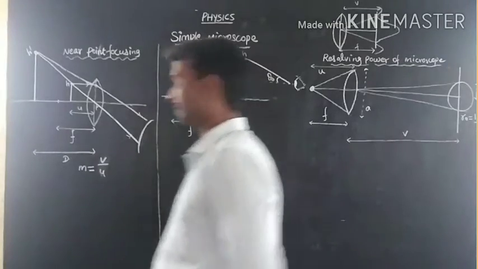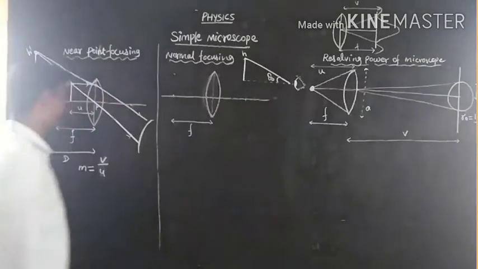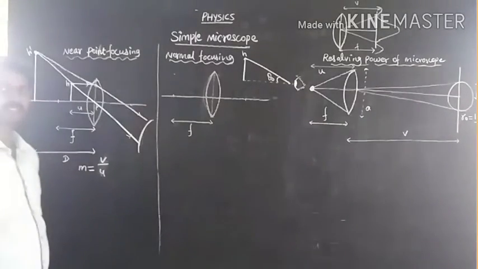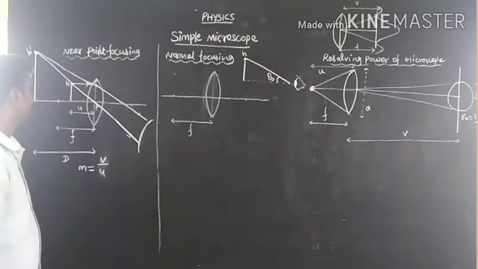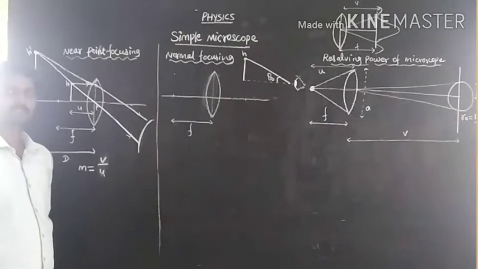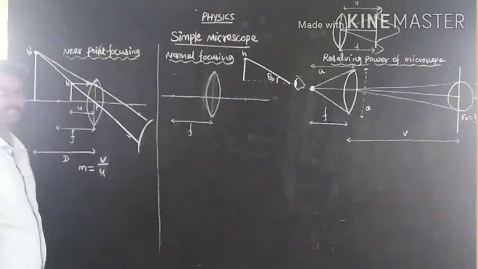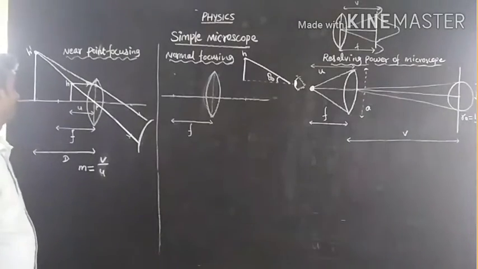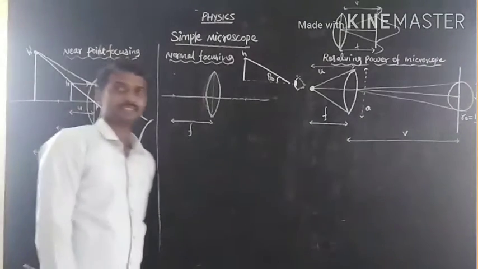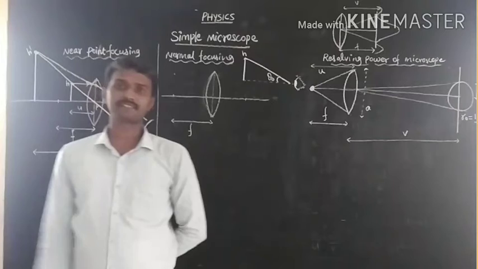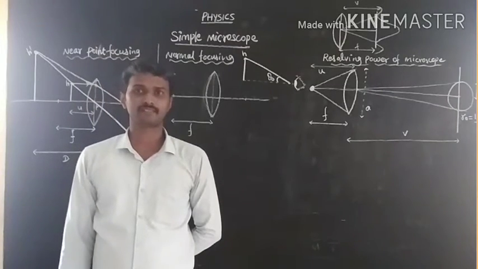Okay, depending upon this magnification, you know very well about the sign convention. For a mirror all distances are measured from the pole; here all distances are measured from the optic center, and the distance measured to the left of the optic center is taken as negative.